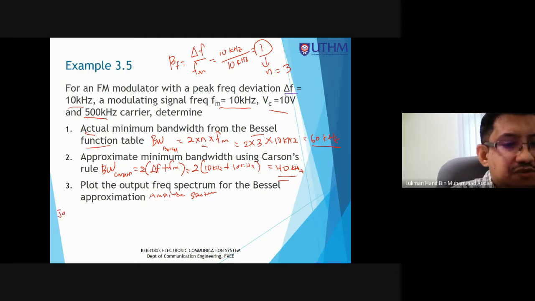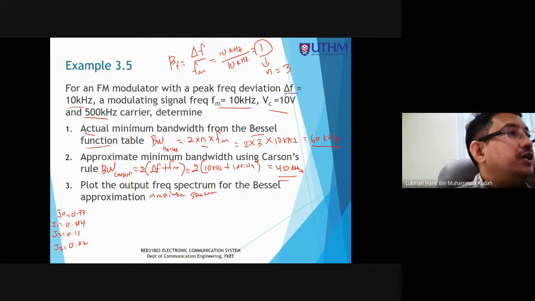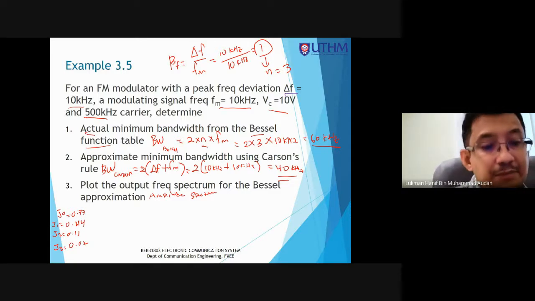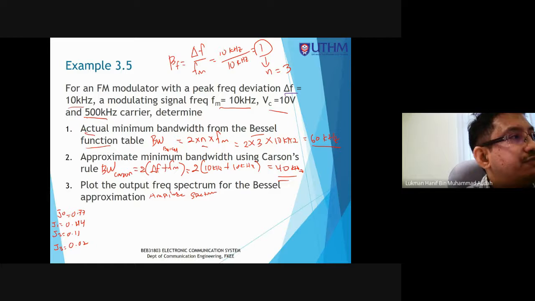We have J0 equal to 0.77, J1 equal to 0.44, J2 is equal to 0.11, J3 is equal to 0.02. This is based on the table. Okay, and when we want to find the amplitude, we can draw a table actually.